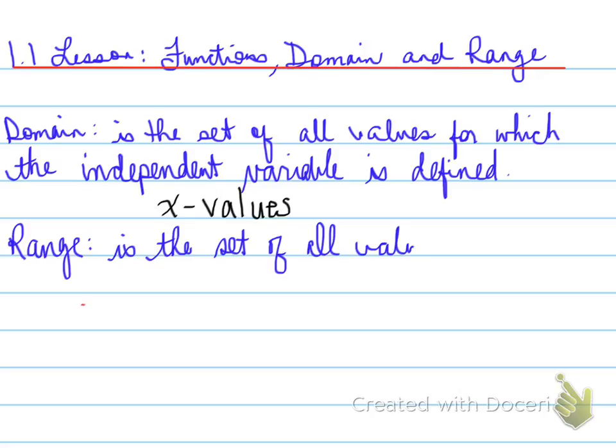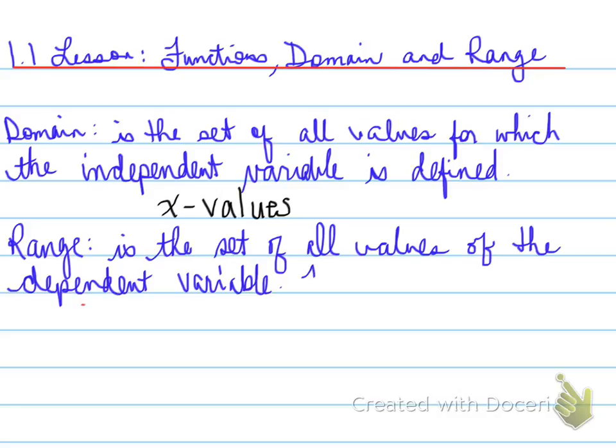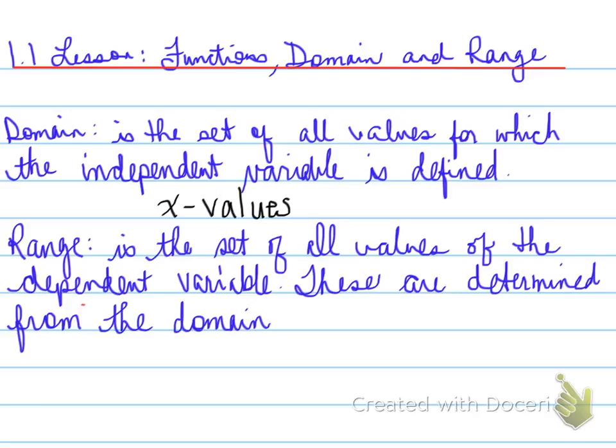Range is the set of all values of the dependent variable. Now what that means is that these are determined from the domain. So range is all the dependent variable. So the y values. We all remember from grade 9 that the y values depend on the x values. So here we're looking at the range values, which is the y. What range do the values go?